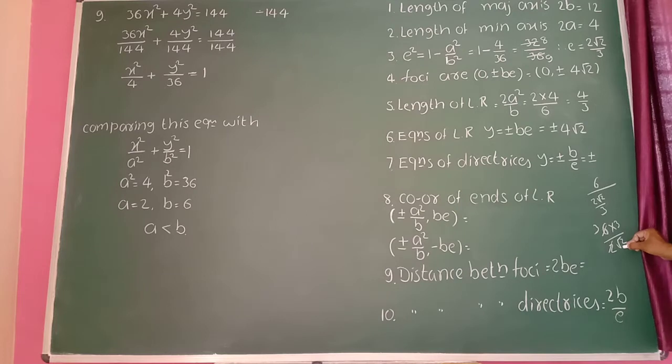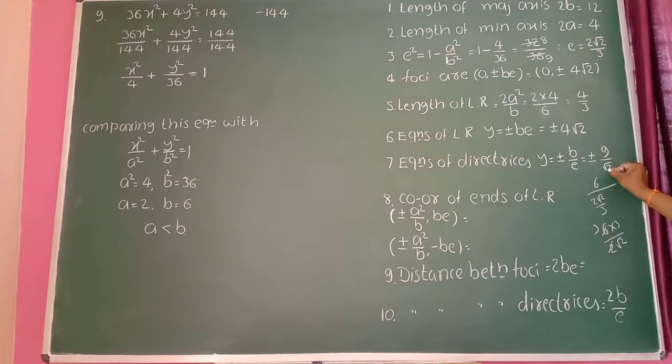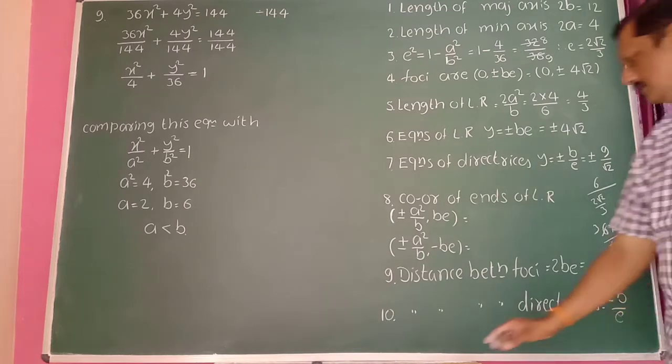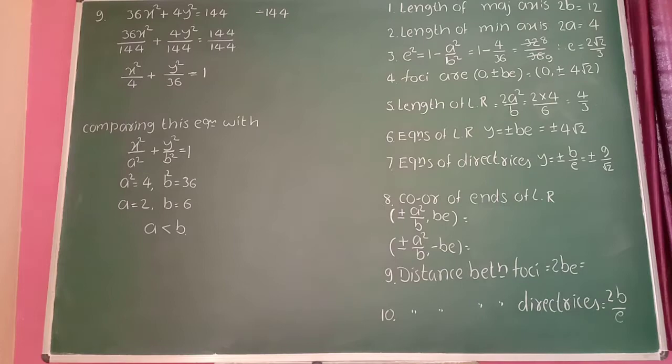So it is 9 divided by root 2. These are the equations of the directrix, y = ±9/root 2.